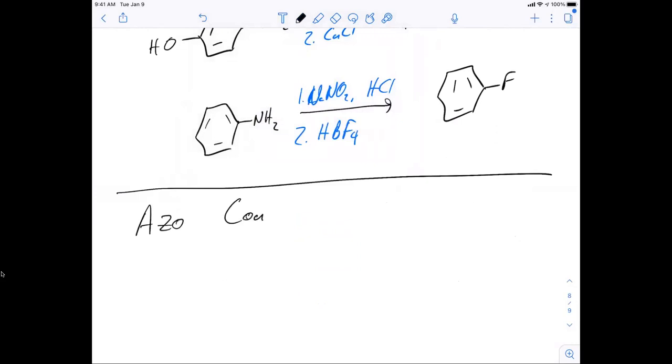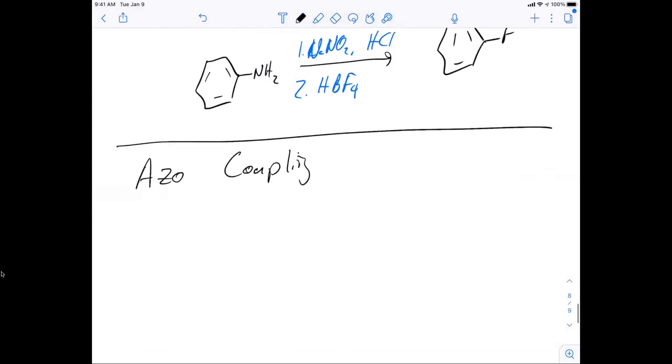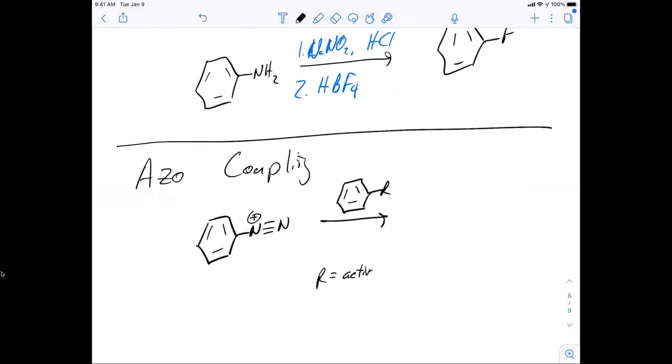Next section is azo coupling. We take the diazonium salt, we can react with an aromatic.